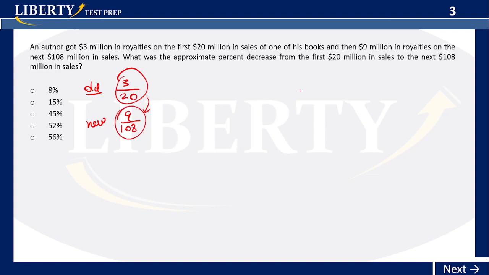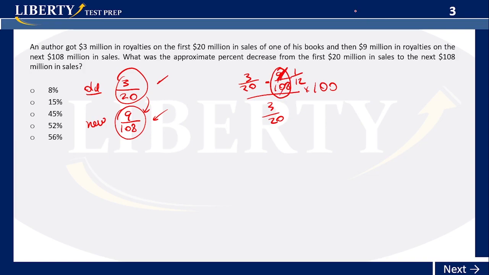Now, what was the approximate percent decrease from the first 20 million to the next 108 million? So let's see: 3 over 20 minus 9 over 108, over 3 over 20, times 100. That's what we have. We first want to simplify 9 over 108, which is the same thing as 1/12.